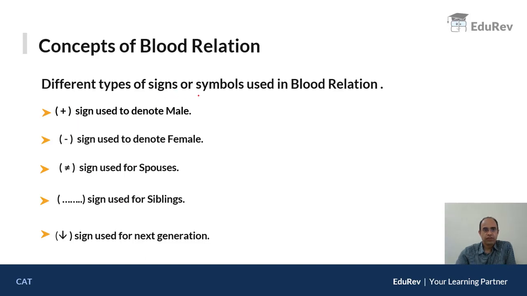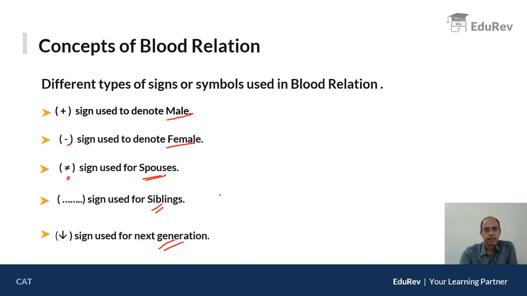I am also using different signs to denote different blood relations and genders. Plus denotes male, minus denotes female, the not equal to sign denotes spouses, and dotted lines denote siblings. Siblings are children from the same parent, and an arrow down denotes the next generation.